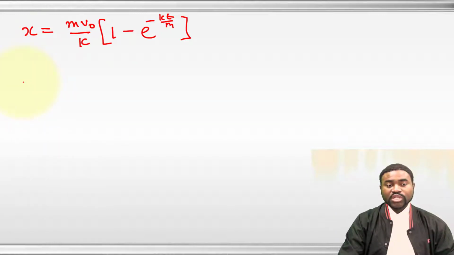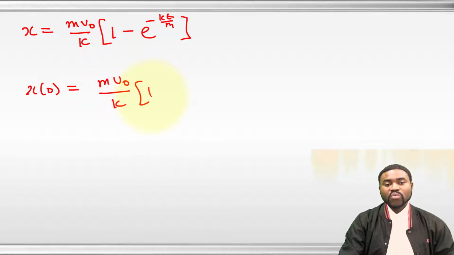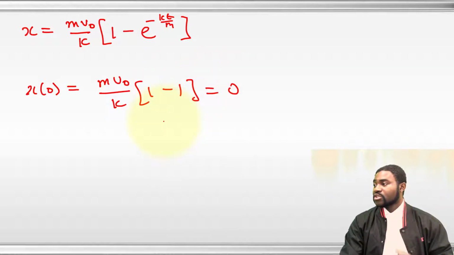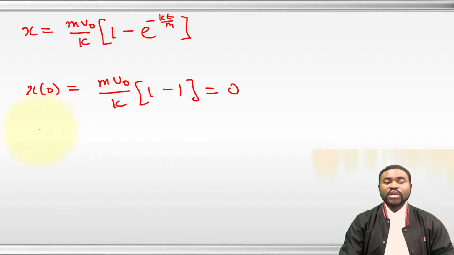So at t equal to 0, x of 0 will be equal to what? m v naught over k times 1 minus 1, which is 0. Which makes sense because at t equal to 0, the object is where? At the origin.